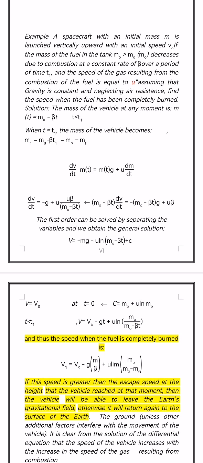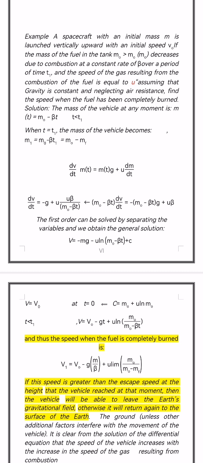dv divided by dt equals minus g plus u beta divided by m naught minus beta t, and m naught minus beta t multiplied by dv divided by dt equals minus m naught minus beta t multiplied by g plus u beta.